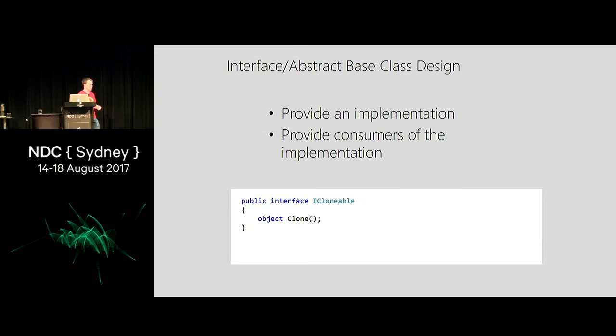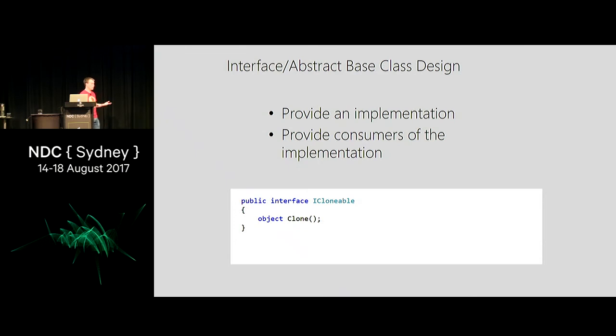And ICloneable, like, it obviously takes a clone of the object you pass into it, but what about the objects that it references? Say, for example, we've got a customer object, and then our customer has a collection of products on him. If we clone that customer, are we also cloning the products? And that answer wasn't thought about when they designed ICloneable, and part of the reason is because no one was actually using ICloneable.